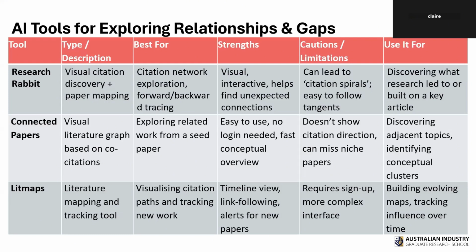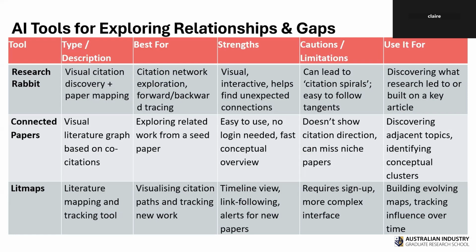It doesn't show citation direction. So while Research Rabbit shows us that direction, whether it's forwards or backwards, Connected Papers doesn't. It may miss more critical or niche papers. This can be really useful when we're scoping related topics or looking to broaden a conceptual cluster.